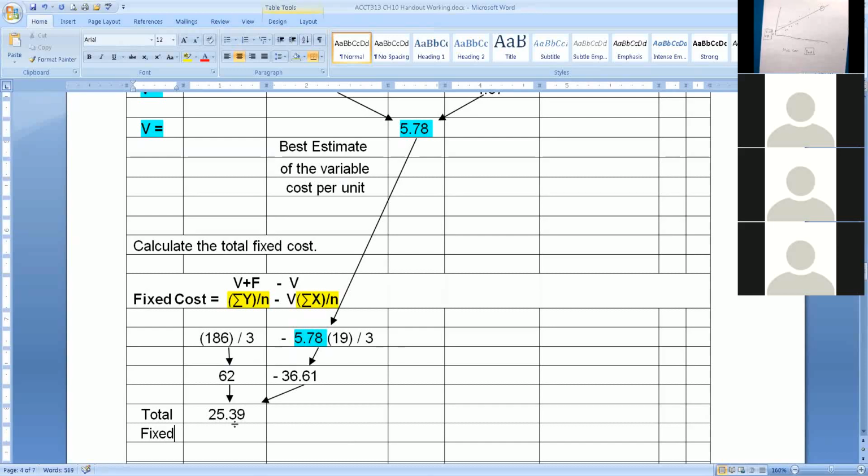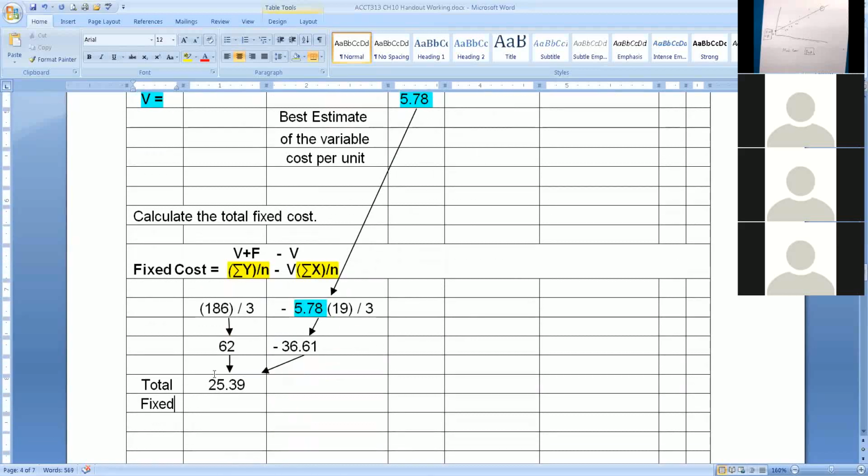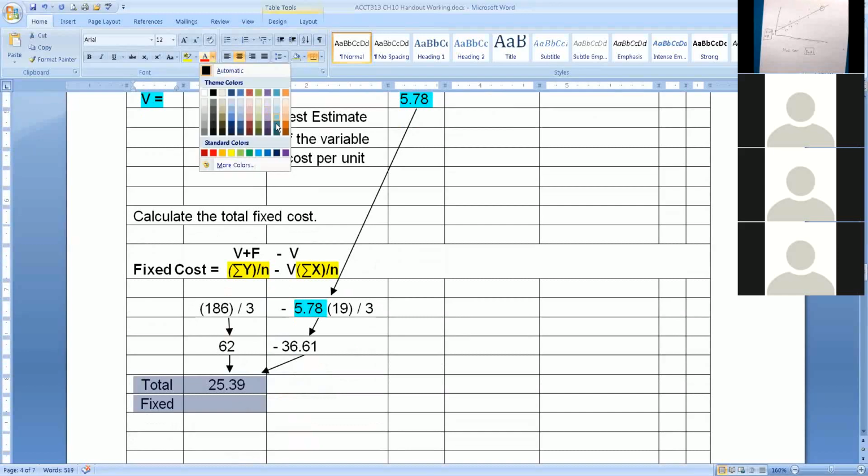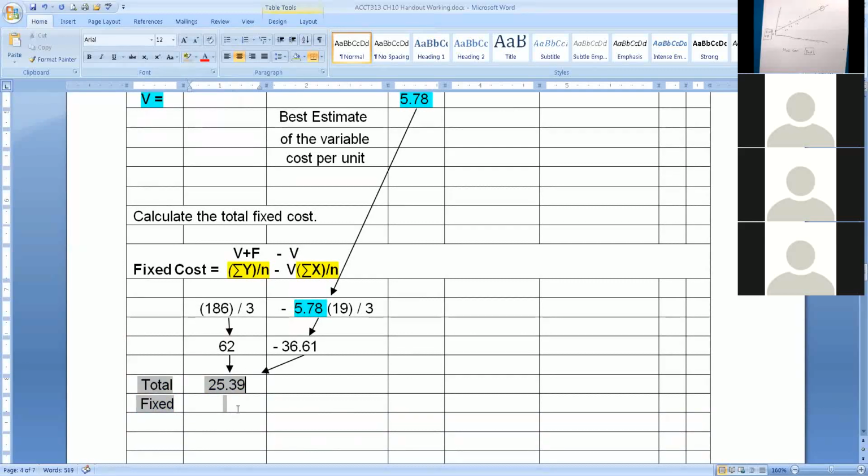And this is also the best estimate of it. Total fixed, I'll make some color here. There we go, we'll use that one. So this is our best estimate of the total fixed cost, 25,390.